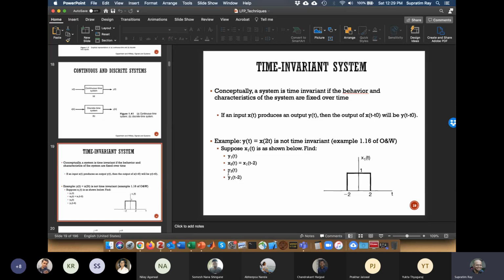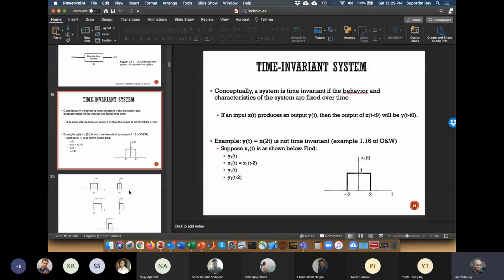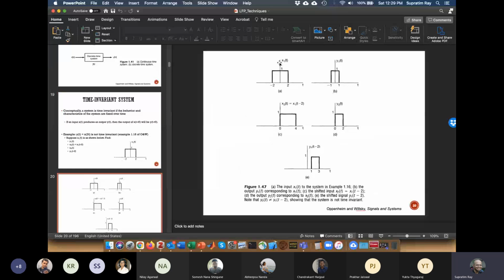And I'm going to plot y2 of t and y1 of t minus 2. Okay. So actually, let me just show this to you. So x1 of t gives you y1 of t, which, as I mentioned, is a squished version of this. y1 of t is just x1 of 2t.